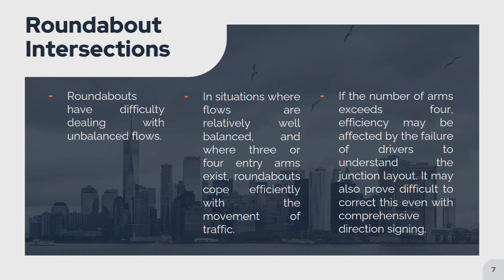If the number of arms exceeds four, efficiency may be affected by failure of drivers to understand the junction layout. It may also prove difficult to correct this even with comprehensive direct signing. So as I said earlier, it is really important to be aware when driving in the roundabout sections, especially if there are many different intersections within the roundabout.